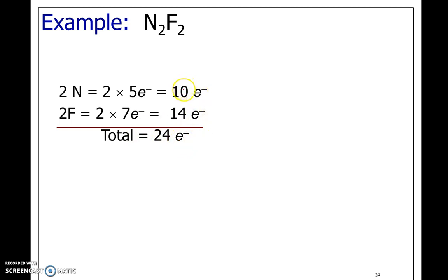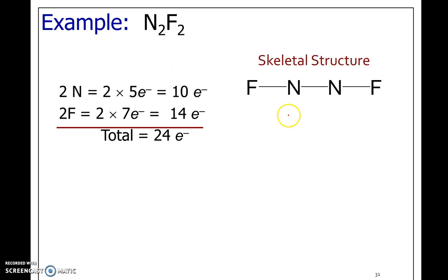Now, the ones that are going to bond most would be the nitrogens versus the fluorines. However, now you have two of them. So we technically have two central atoms. And how we depict that is we put the nitrogens in the center. Okay? They will be bonded to each other, and then each nitrogen will get one fluorine.